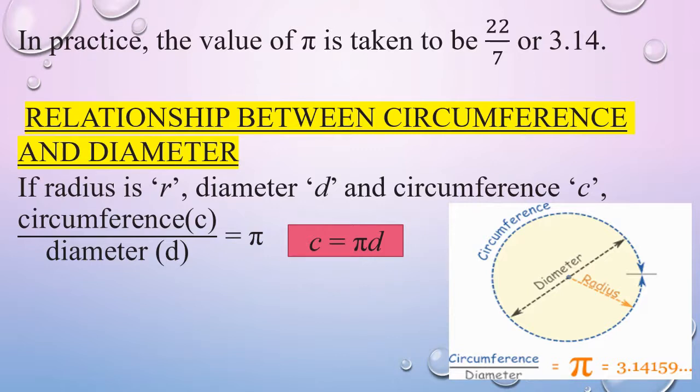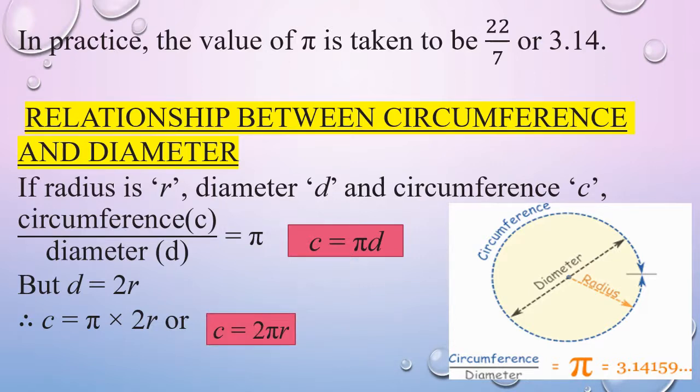Therefore c is equal to pi into 2r or c is equal to 2 pi r. If you have diameter, then you can use c is equal to pi into d formula. If you have radius, then you can use c is equal to 2 pi r.